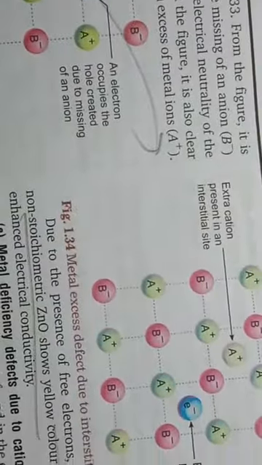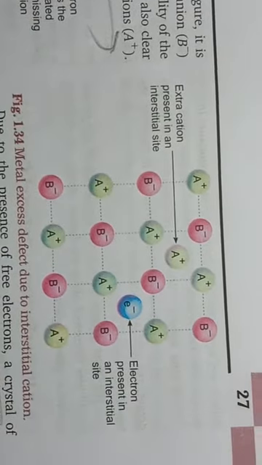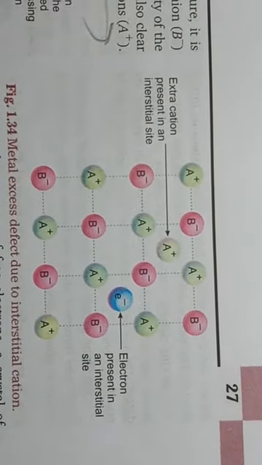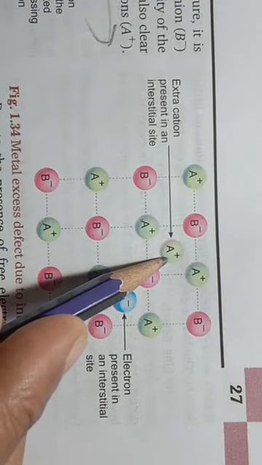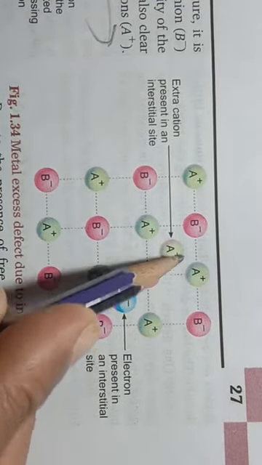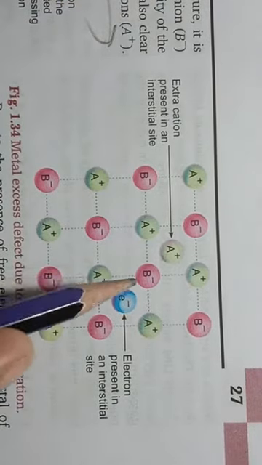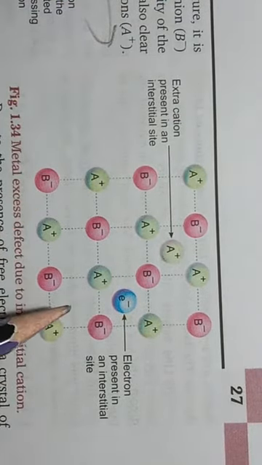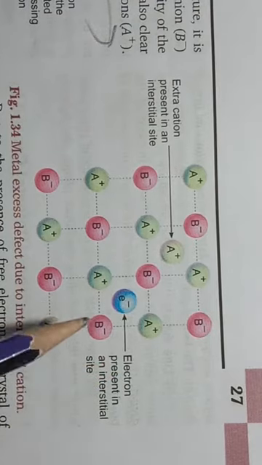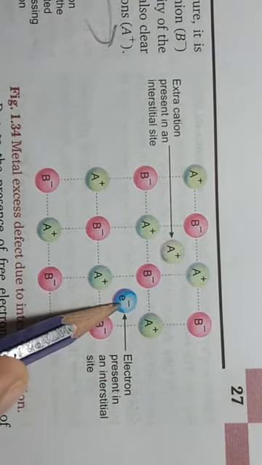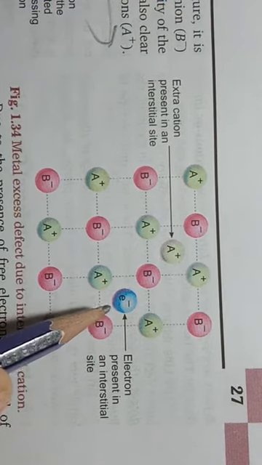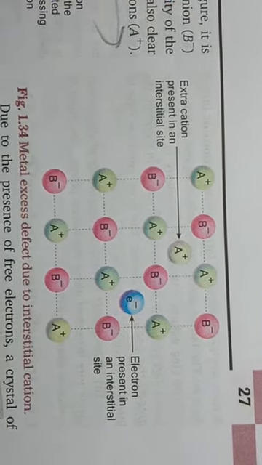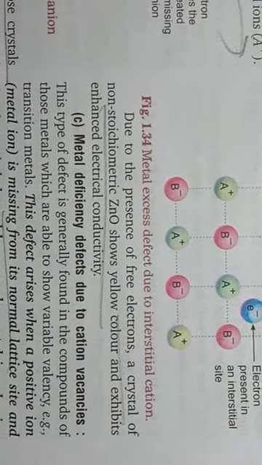As you can see here in the example of this crystalline structure, an extra cation is present here in an interstitial site of the crystal, and to maintain the neutrality of this crystalline form, an extra electron is present somewhere else in an interstitial site. Such types of defects are found in zinc oxide.